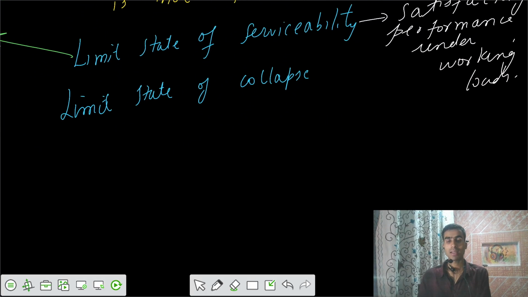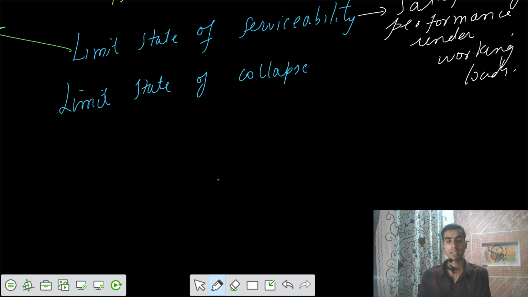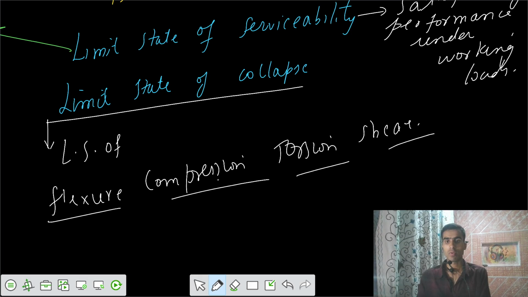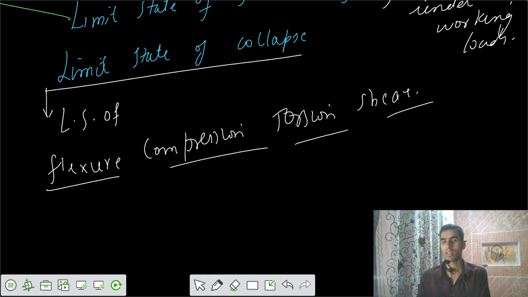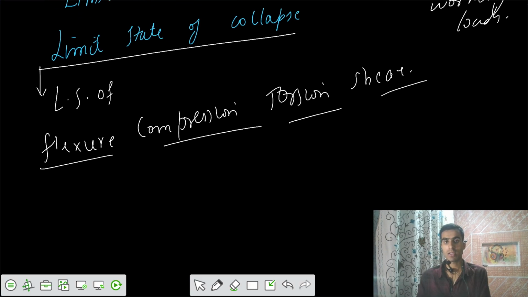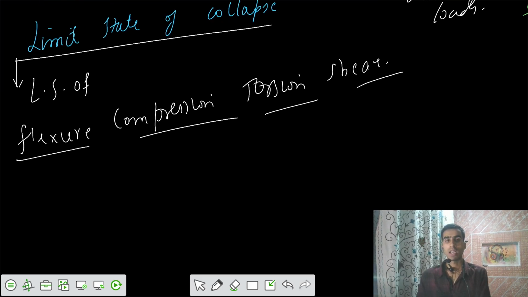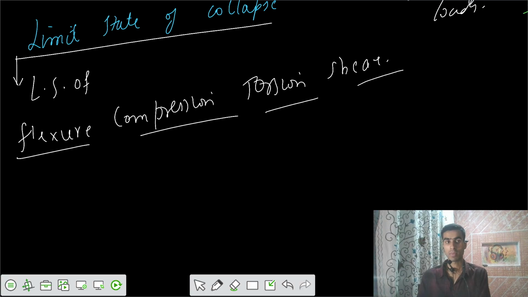And the second one is the limit state of collapse. It accounts for the limit state of flexure, compression, torsion, and shear. Based on these four, we have 4 chapters related to RCC, four different chapters related to the limit state of collapse: flexure, compression, torsion, and shear.